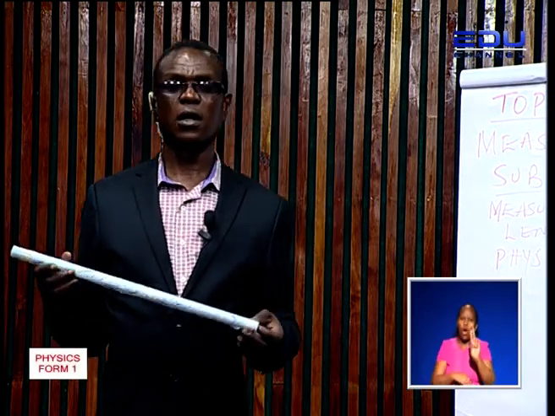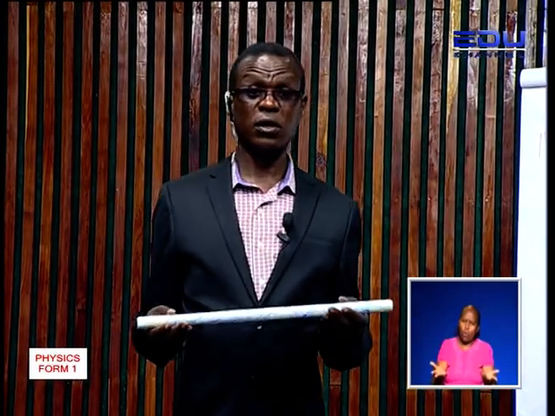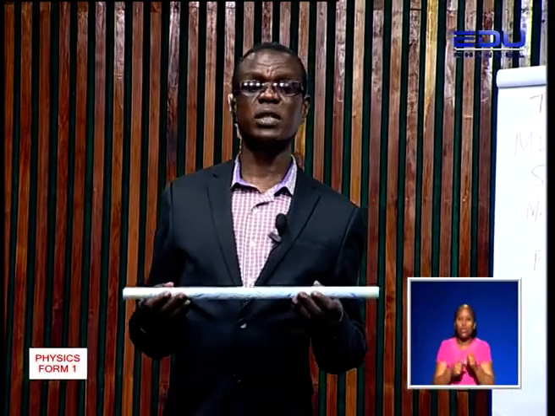For example, you cannot use a meter rule to find the circumference of a cylindrical object. You cannot use a tape measure to obtain a small distance, like the length of your exercise book.